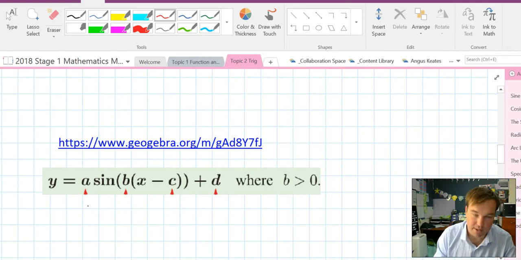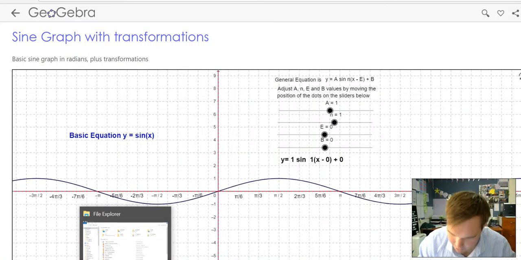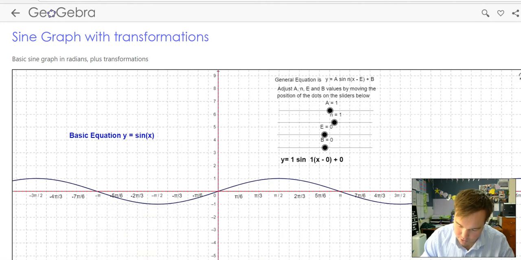Now, all of that looks very odd, but I'll show you what it looks like on GeoGebra, which is a sine graph here. So on GeoGebra, this is the initial graph, and this is the graph that you've just seen, where there's a 1 there, and then those are 0. So this is essentially looking like y equals sine x. And you can see that it crosses at pi and back up at 2 pi.